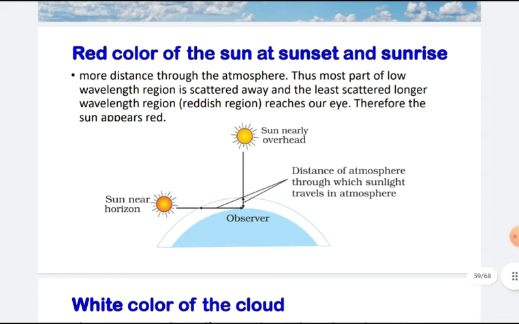The red color of the sun at sunset and sunrise.